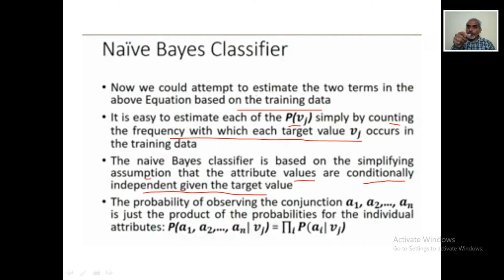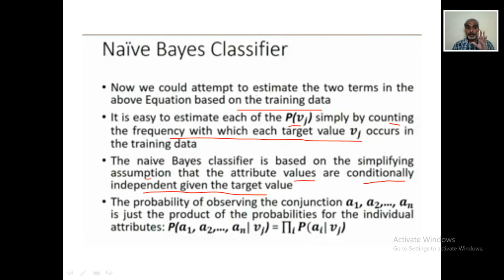One attribute value is independent of another. It doesn't depend on that. Independent given what? The target value. So there is no dependency between the yes or no target value and your set of attributes. That is the assumption we are going to make.